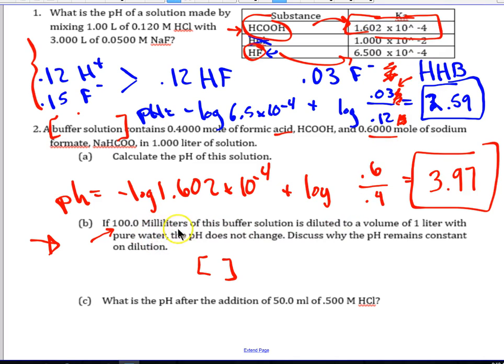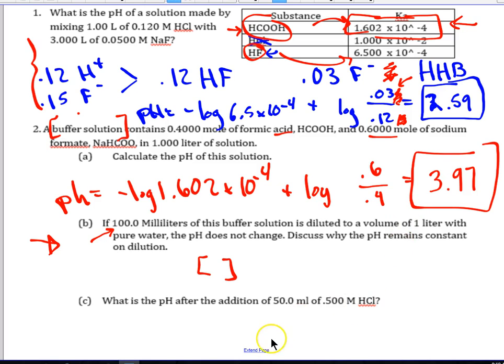So we could have 100 liters, and it wouldn't matter, because as we add more water, the same amount will dissociate to constantly maintain that value. Its solubility really is independent of the volume. A certain amount will dissolve per liter, per milliliter, per 1,000 liters. It was always going to be the same. More water, more dissociates. Does that sort of make sense?